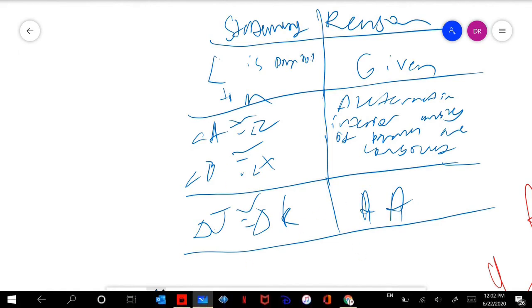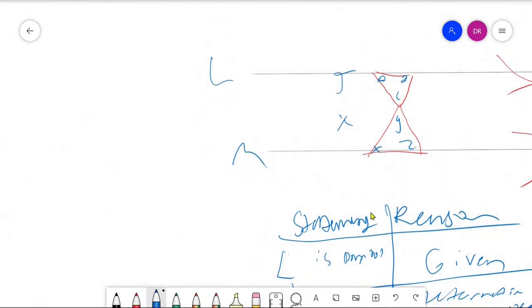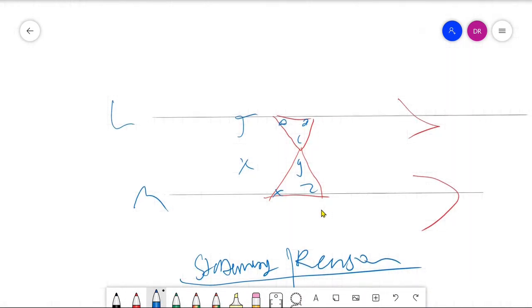So let's say, I'm just gonna make more variables up. Let's say this is E and this is F. You have to prove EF, and then let's do OP.